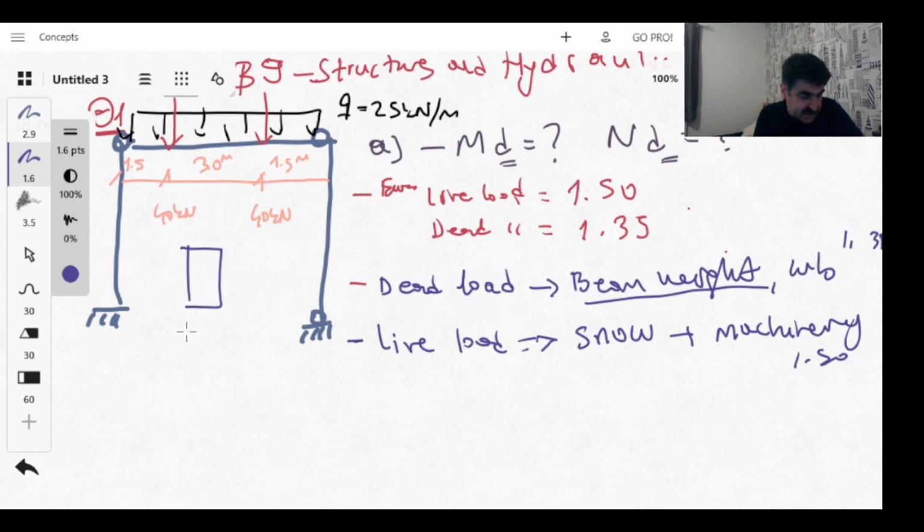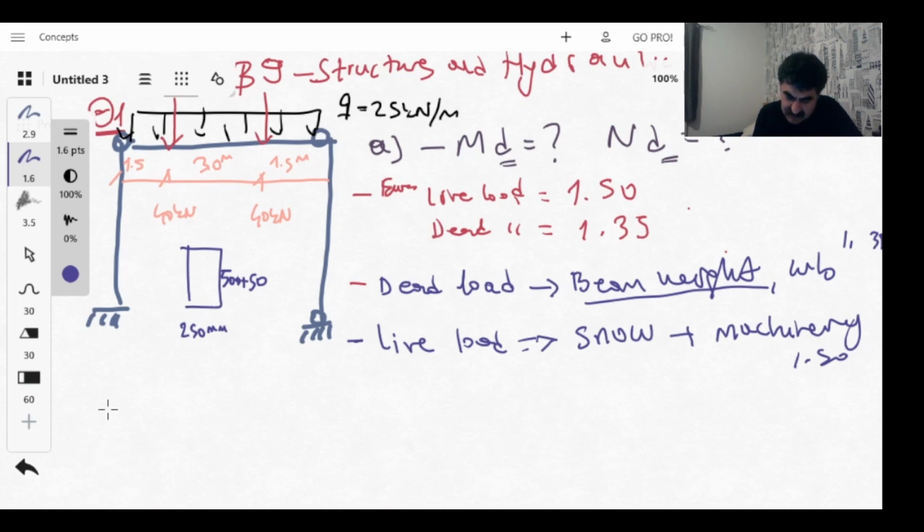The width of the beam is 250 millimeters, and the height of the beam is actually 550 millimeters. 500 millimeters is D, plus 50 millimeters is the concrete cover, so the total height is 550 millimeters.